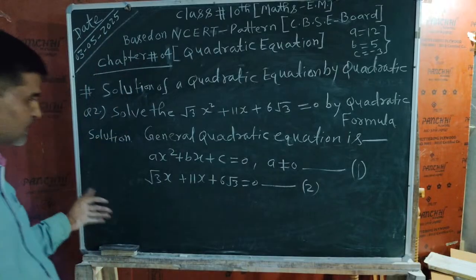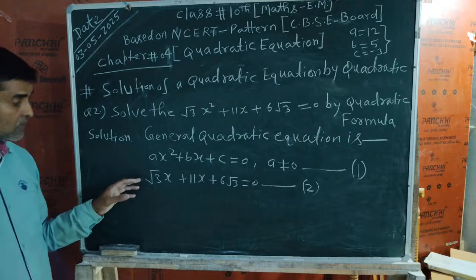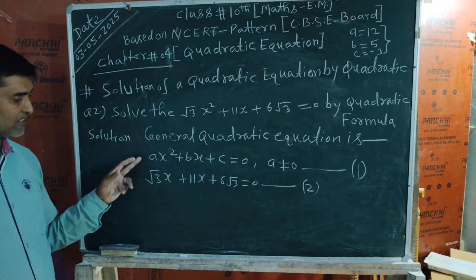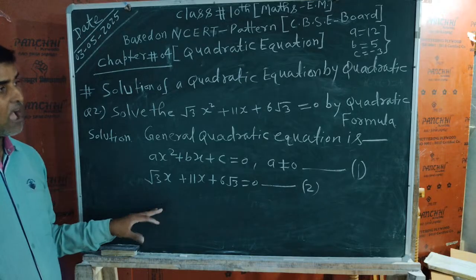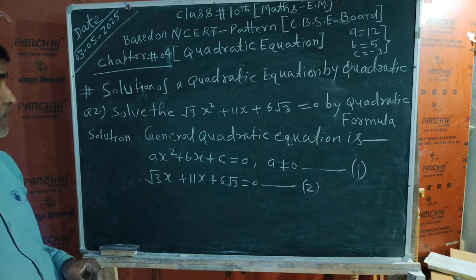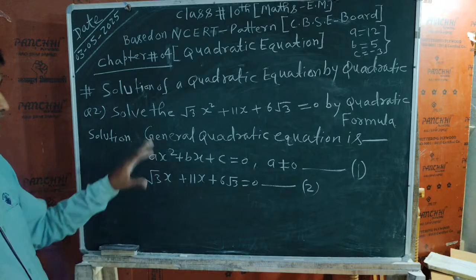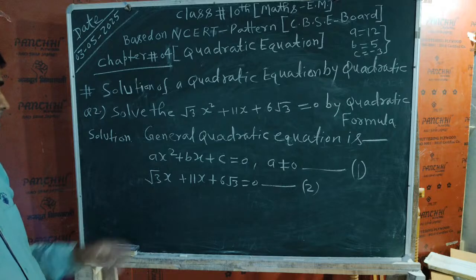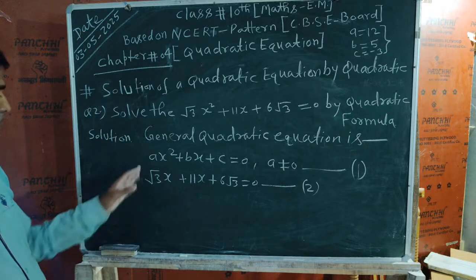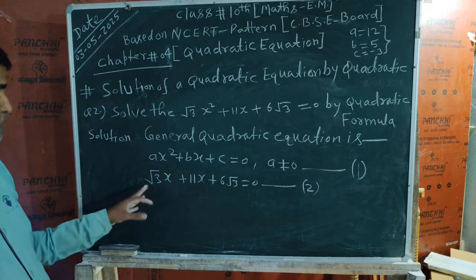So I will write one statement here: comparing these two equations. After comparing, we will get the values of a, b and c, and I will put these values in the quadratic formula, and after simplifying I will get the values of alpha and beta, by assigning the value of x1 to alpha and the value of x2 to beta.